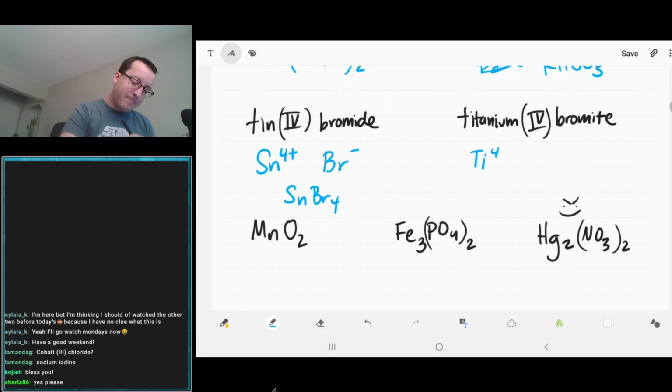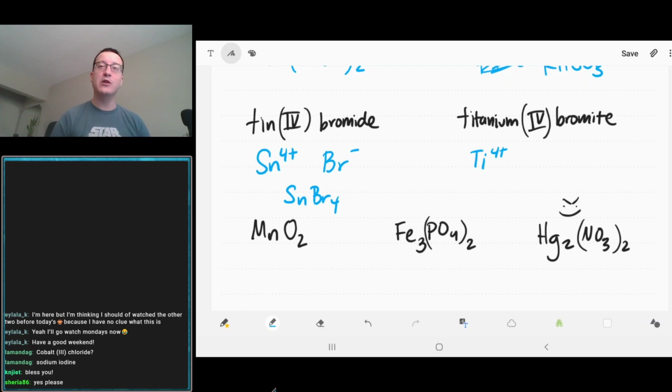Same thing here. We've been given titanium 4 plus as our metal, our positive ion. And this time we have bromite. And just so you know, anytime you see an ite or an ate ending, that's going to tell you that it's a polyatomic ion. Only polyatomic ions have such endings.